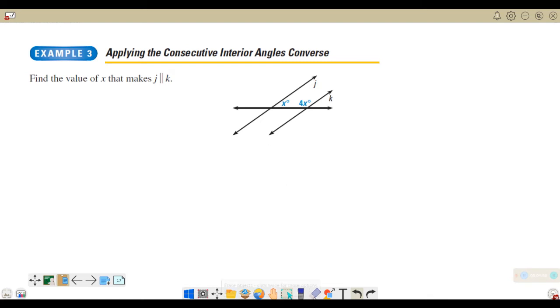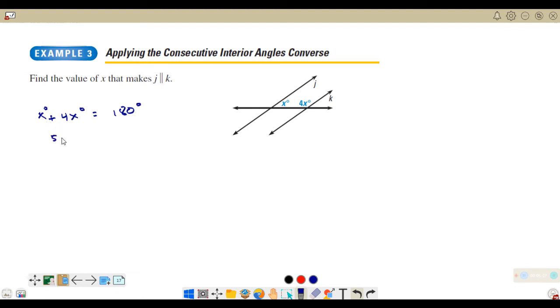So, all we have to do is to add x and 4x such that it will be equal to 180.